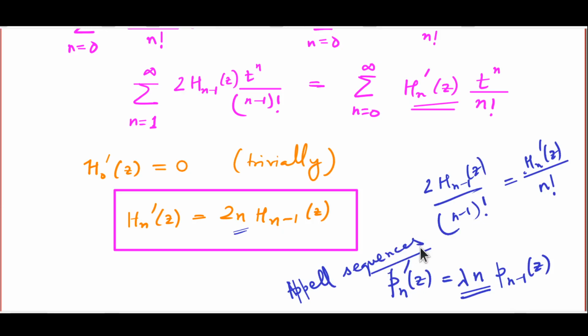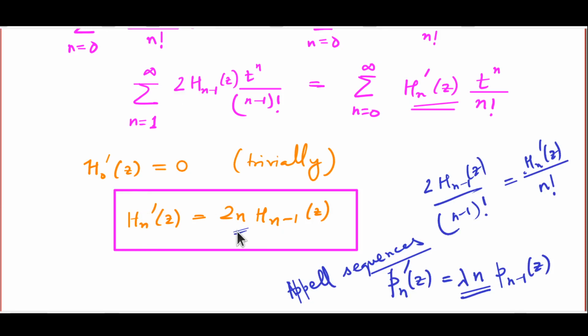And what this demonstrates is that the Hermite polynomial is a special case of what is more generally called an Appel sequence. We will not go deeper into the theory of the Appel sequences and their corresponding umbral calculus here, because that would take us too far afield in the theory of special functions and polynomials and so on. But this recursion relation in particular is pretty interesting.